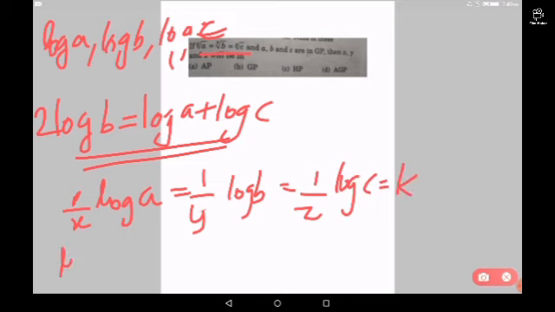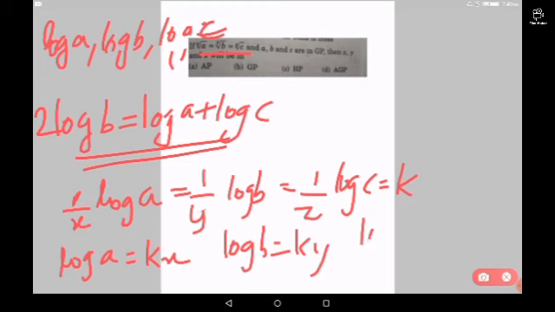So hence we can find out that log a is equal to kx, log b is equal to ky, and log c is equal to kz.